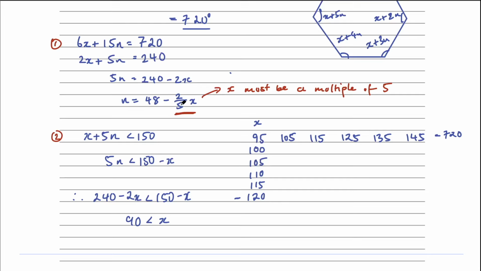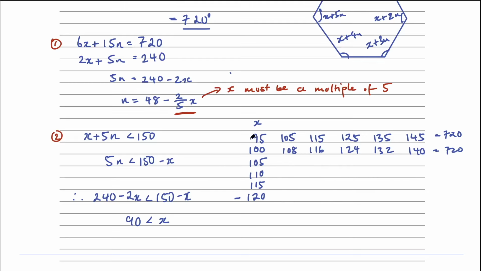So if we do 100, 100 divided by 5 is 20, times 2 is 40, 48 - 40 is 8. So n is 8. We get 108, 116, 124, 132, and 140. Add those up and we get 720. I am so confident in this maths that I'm not going to even check the rest.